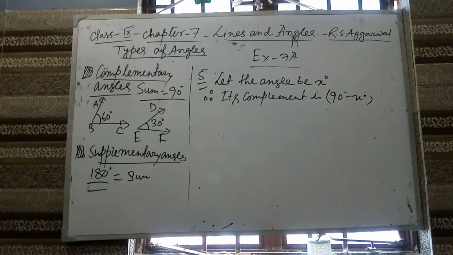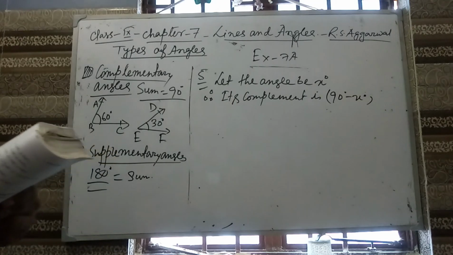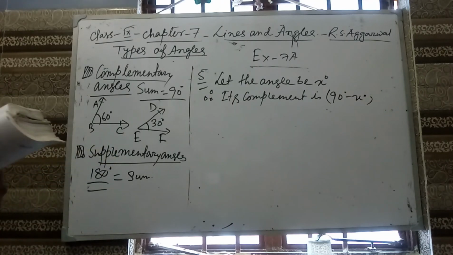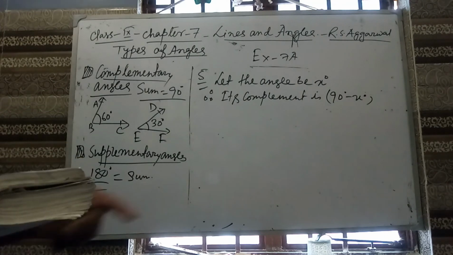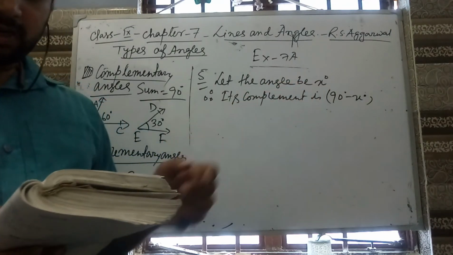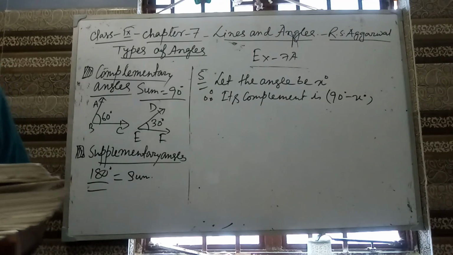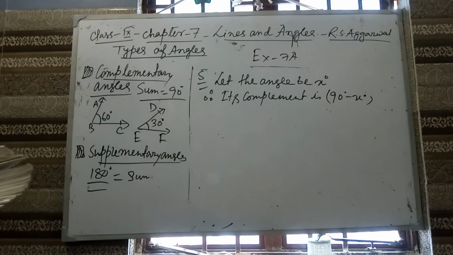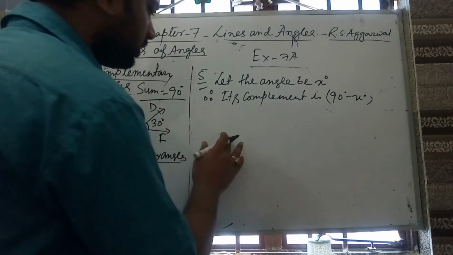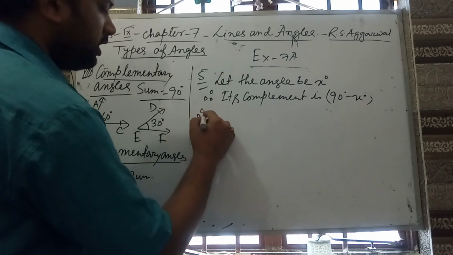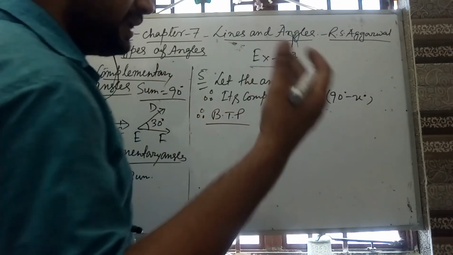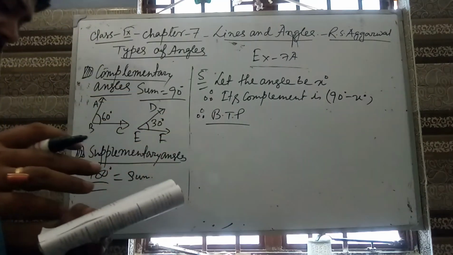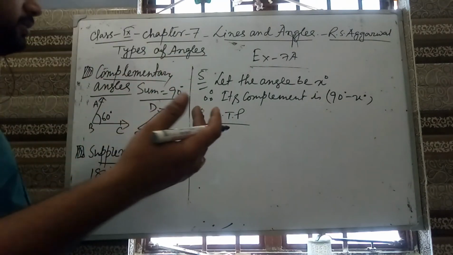Okay. Now what is given? Find the measure of an angle which is 36 degree more than its complement. So write down, therefore by the problem, the angle is 36 degree more than its complement.